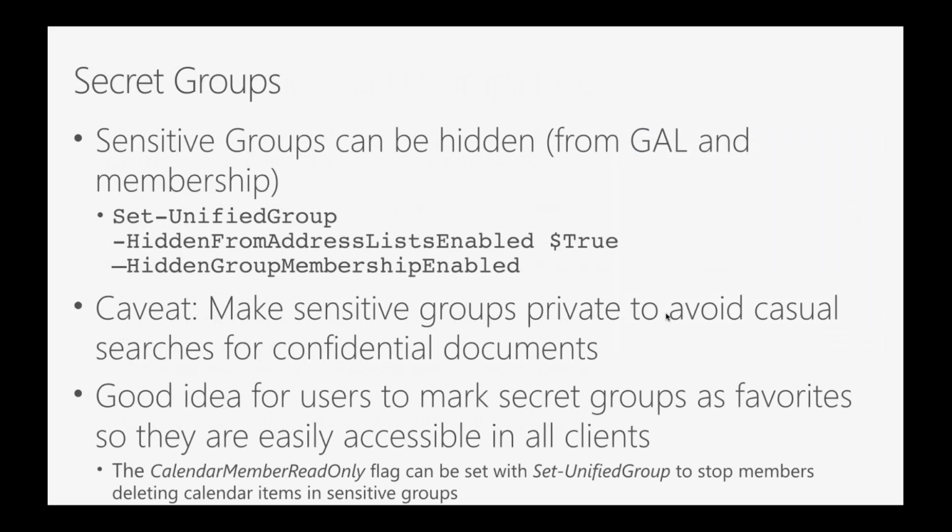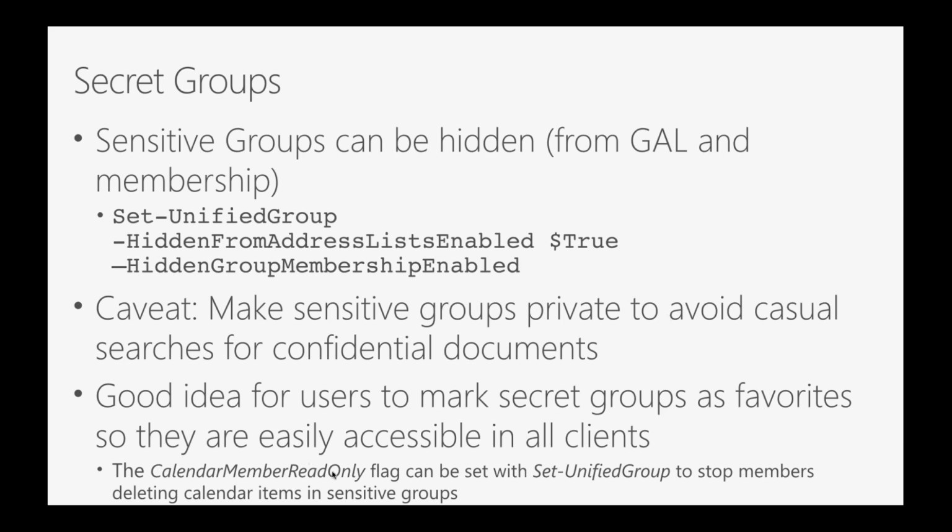You can create secret groups. This is the command line. Most people don't know about this. After the Office 365 group is created, even if you choose the group to be private so that you have to request access to join it, it's still visible to the entire organization. If you don't want that, you need to use that PowerShell to remove it from visibility.